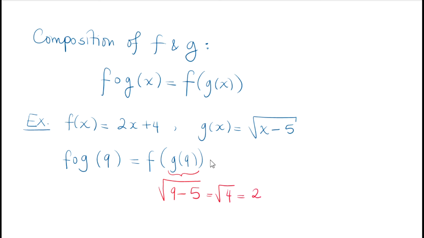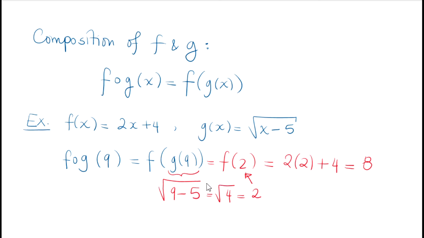So I'm looking at f of 2, because inside the parentheses you got g of 9, which is 2. So I plug in 2 in f, so it's going to be 2 times 2 plus 4, which is 8. That's how you find the functional values.